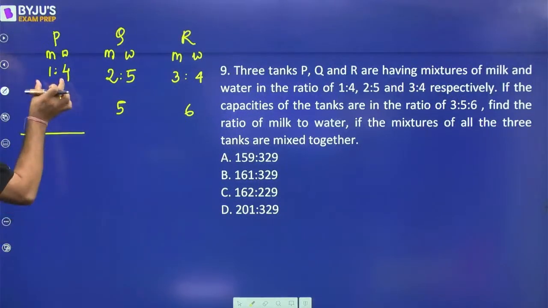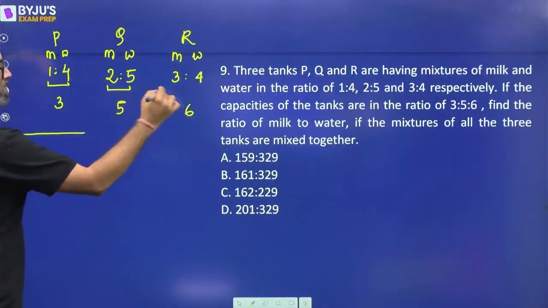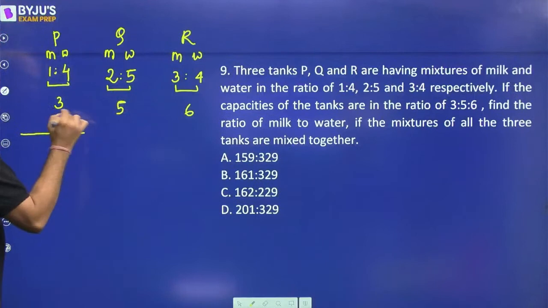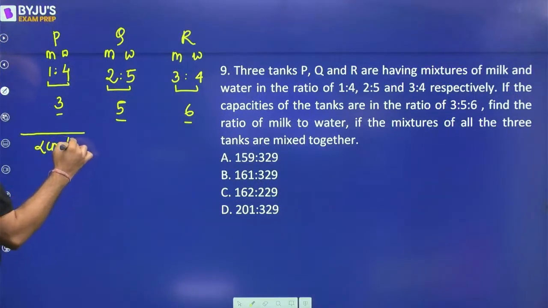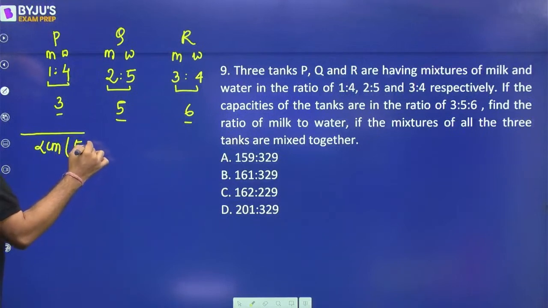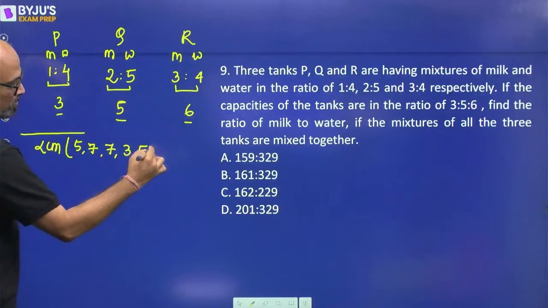आप क्या करोगे? आप इनका sum करोगे. So this is 5, 7, 7, 3, 5, 6. इन सबका LCM ले लोगे. 1 plus 4 is 5, 2 plus 5 is 7, 3 plus 4 is 7, 3, 5 and 6.